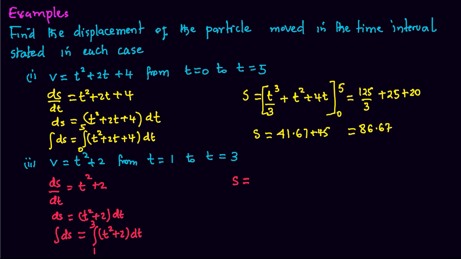s will be equal to t cubed over 3 plus 2t, between 3 and 1. This is equal to 3 cubed over 3 plus 6, minus a third plus 2.